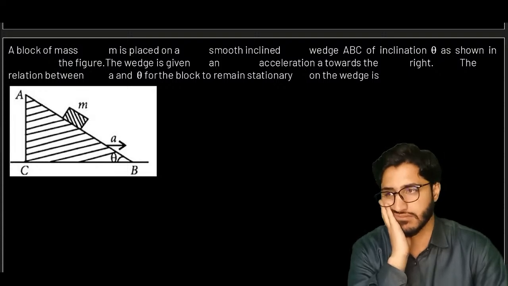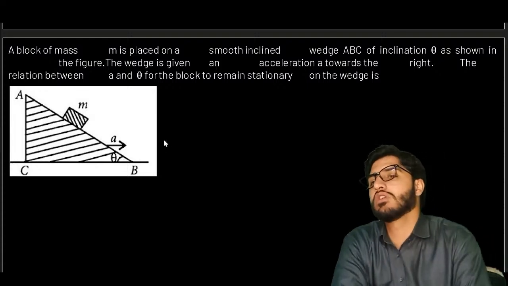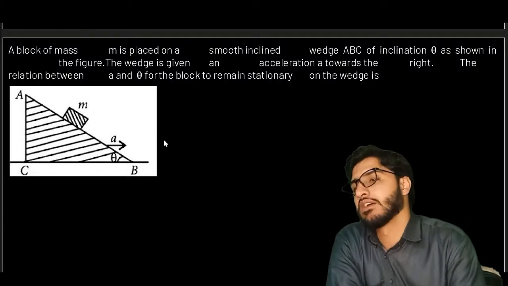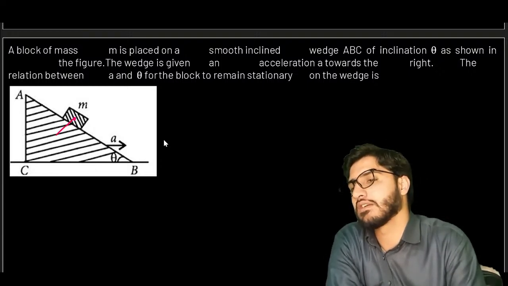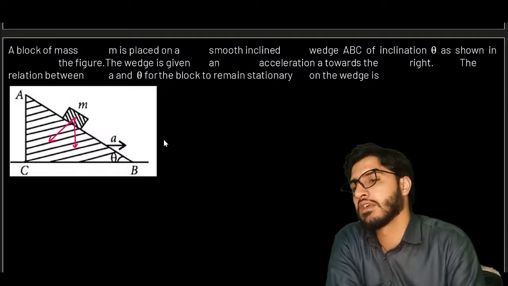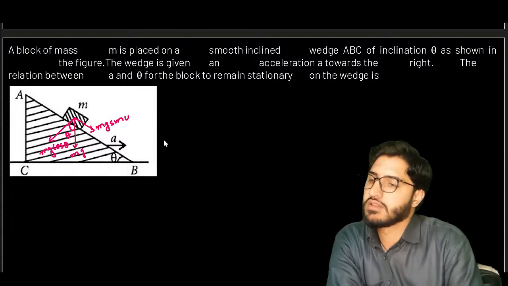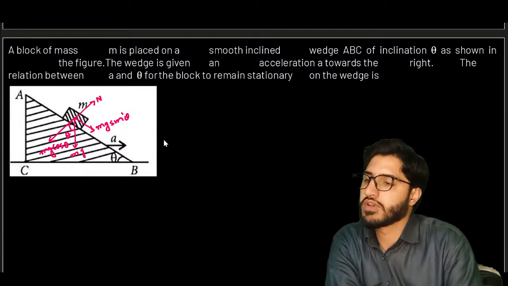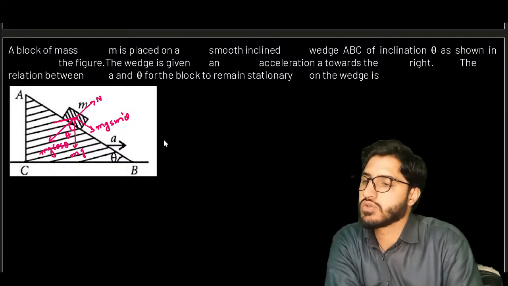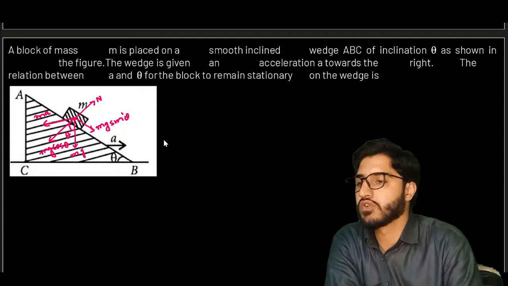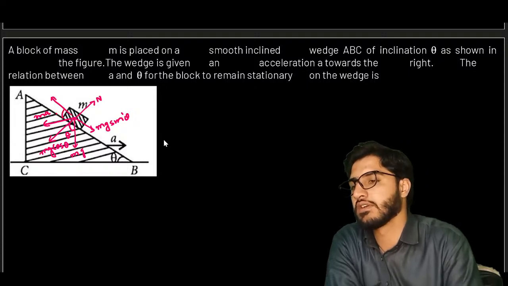We need the relation between A and theta for the block to remain at rest. The forces are mg cos theta and mg sine theta, the normal reaction, and the pseudo force MA with components MA cos theta and MA sine theta.